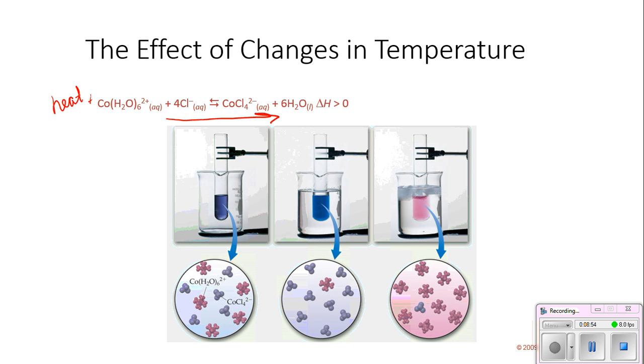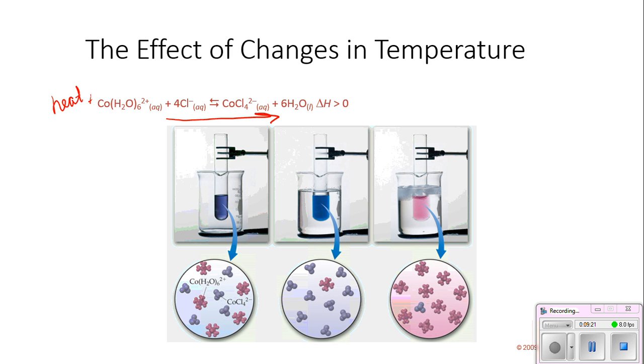That means we're going to have more CoCl4 and water. If we end up adding heat, it's going to turn blue, because there's going to be more CoCl4 in this complex ion.